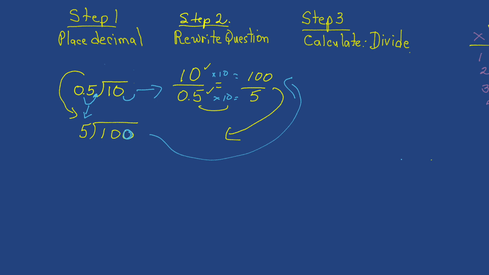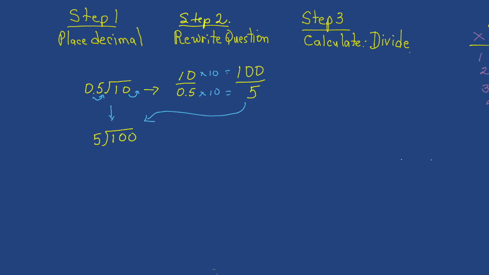Now going back over to this point here, you might say, well, there's no decimal here, but I'm not sure if you remember, but all whole numbers have decimals next to them. We just don't write them there. They are understood. So step 1 is now complete.